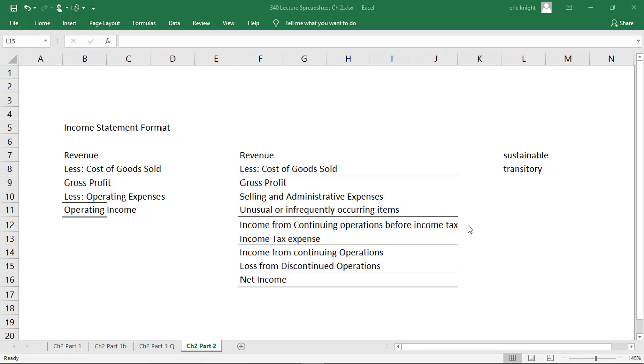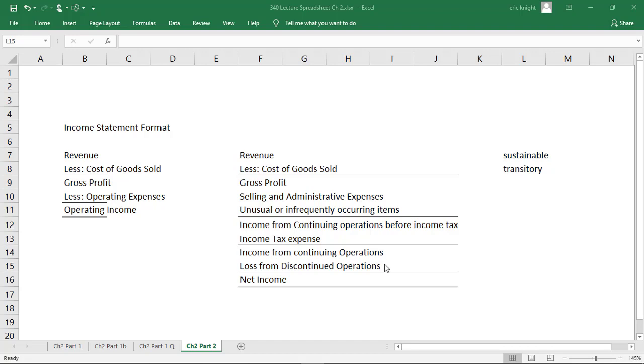This gives us income from continuing operations. Now this is before we've calculated taxes, because we have to get this number and then apply the percentage, let's say 20%, which is a common tax rate for corporations. We apply that and we get the income tax expense. Then we subtract the income tax expense from the income from continuing operations before income tax, and we get the income from continuing operations.